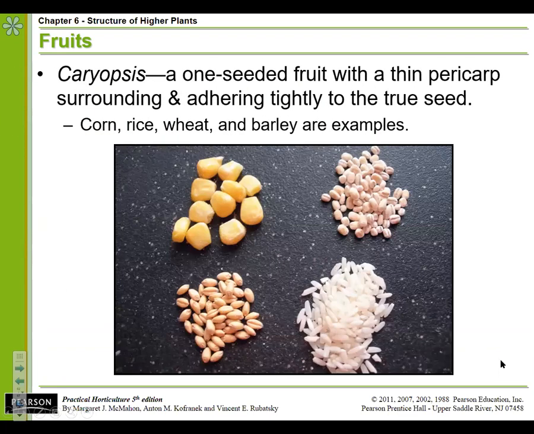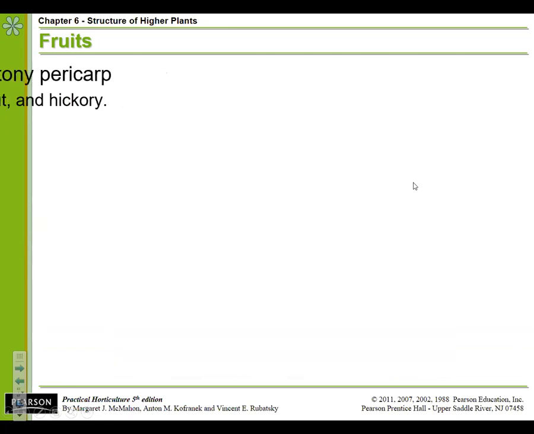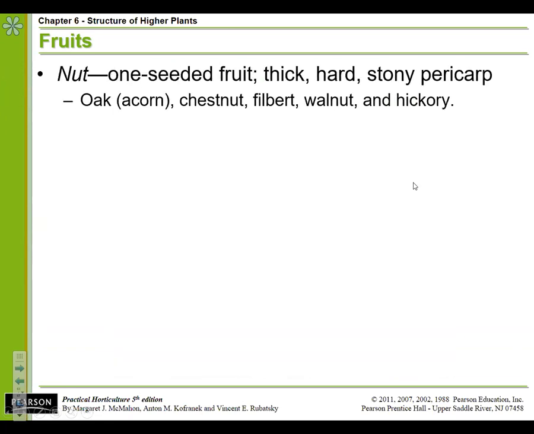Fascinating and somewhat trivial. The caryopsis is, as we mentioned earlier, a one-seeded fruit with a thin pericarp surrounding and adhering tightly to the true seed. So all of our grains are caryopses: corn, rice, wheat, and barley, all members of the grass family. Nuts are one-seeded fruits with a thick, hard, and stony pericarp.